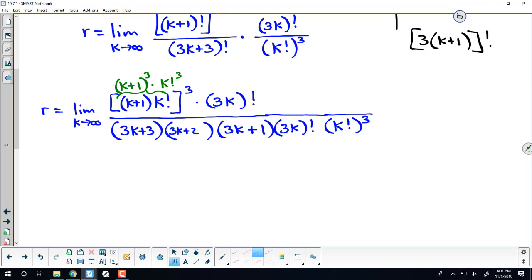Okay, so the k factorial cubed cancels with this k factorial cubed. The 3k factorial cancels or divides here. We've got on top then k plus 1 cubed over 3k plus 3 times 3k plus 2 times 3k plus 1.